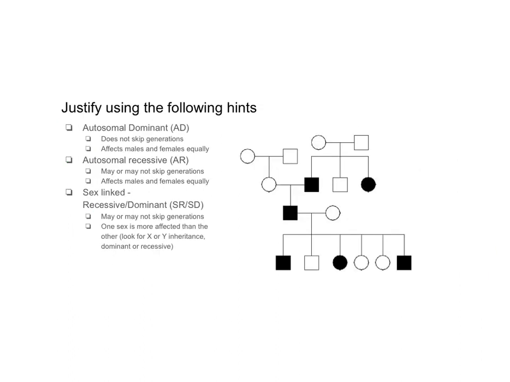For the next one, we're going to do it a little different. Now, what I'm going to do is ask you to justify a particular condition for these pedigrees. So on this one, we're going to focus on justifying that this pedigree could be for a condition that is autosomal recessive.